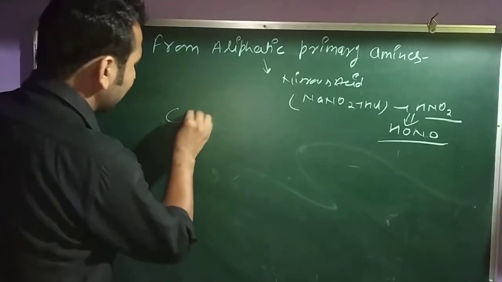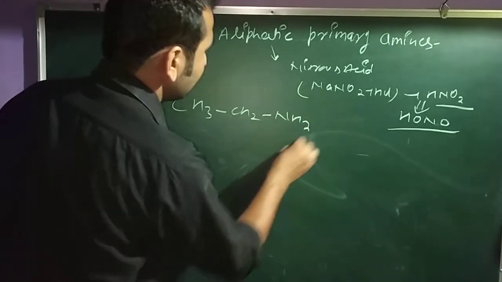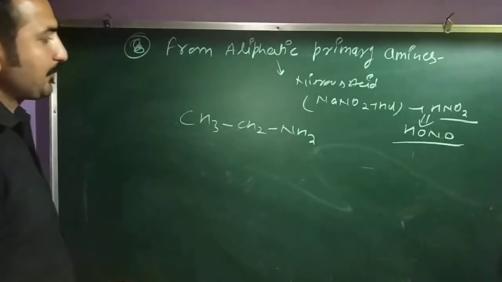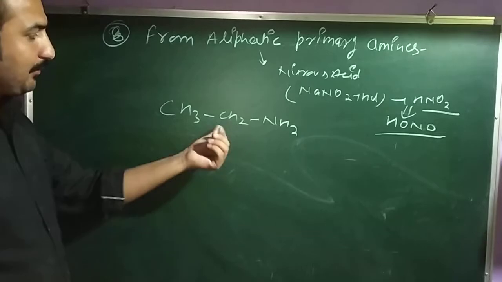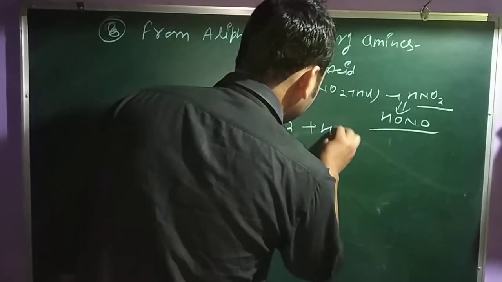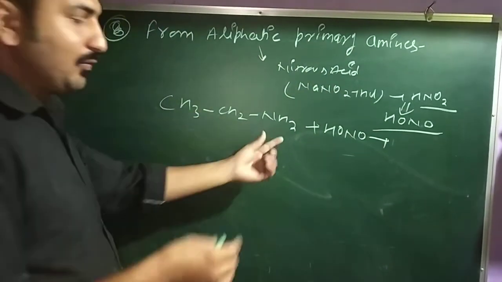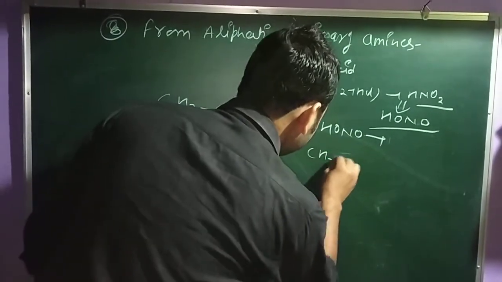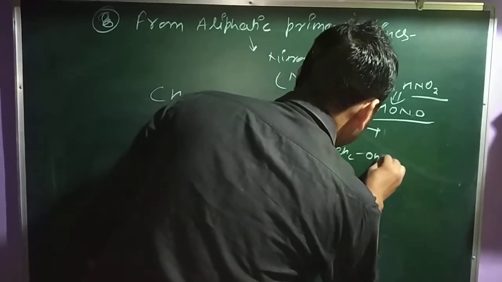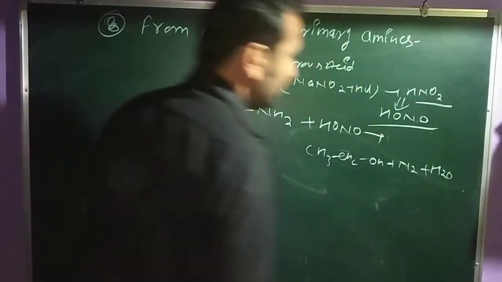That means suppose you have CH3, CH2, NH2, aminoethane. Aminoethane reacts with HONO, this NH2 will be removed and the product will come as CH3, CH2OH plus N2 plus H2O.